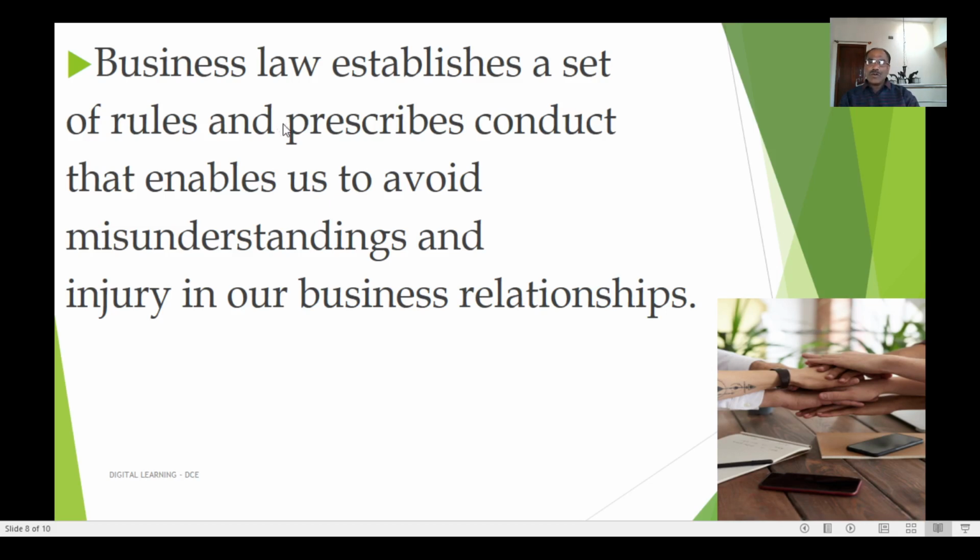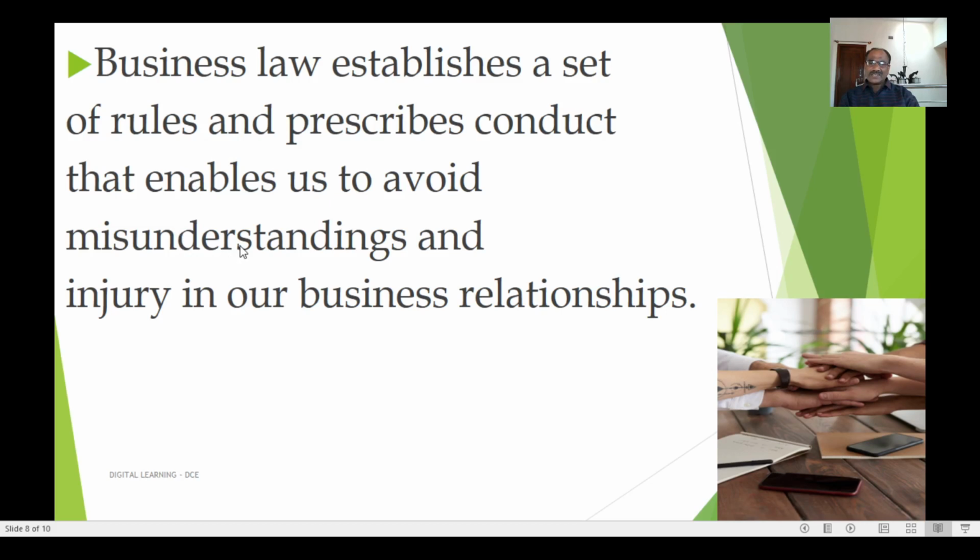So in order to overcome these difficulties, and to avoid financial and legal difficulties in their business, business people have to follow all these laws, and only then will they become successful in their business field. Otherwise, it is very difficult for them to become more and more successful. Therefore, it is very important for all business people to follow the business laws.